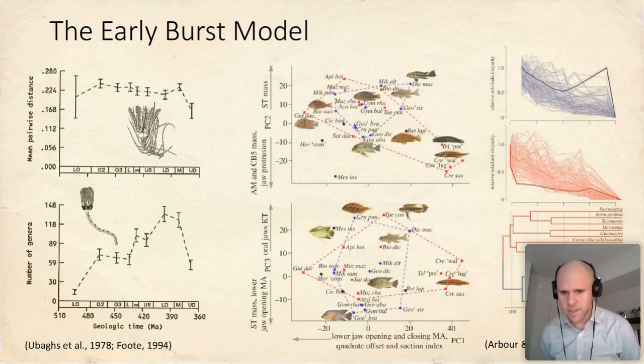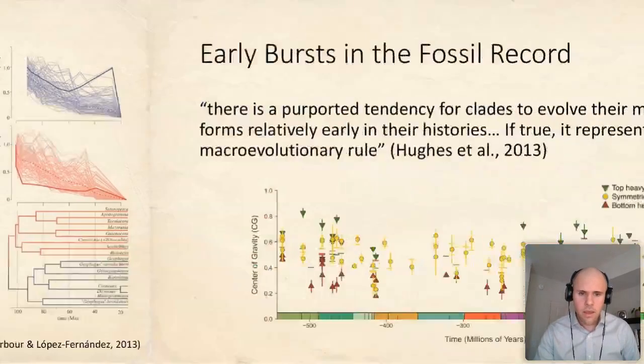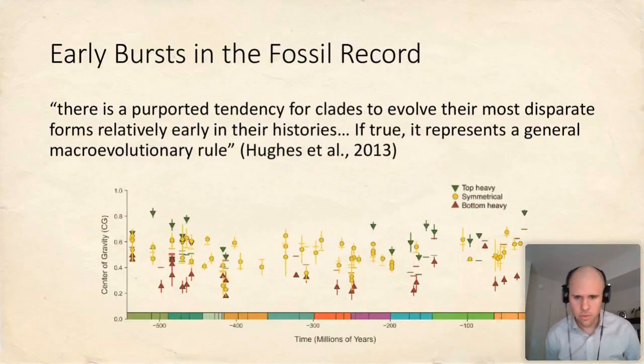On the right, you can see cichlids, a classic recent example. And in the figure on the far right, you can see a scenario where disparity is actually decreasing through time. And that decreasing through time is often overly conflated with the early burst model. And we talk about bottom-heavy clades, like you can see here in this Hughes et al. study. But I do want to make the point that early bursts do not require that a clade be bottom-heavy.